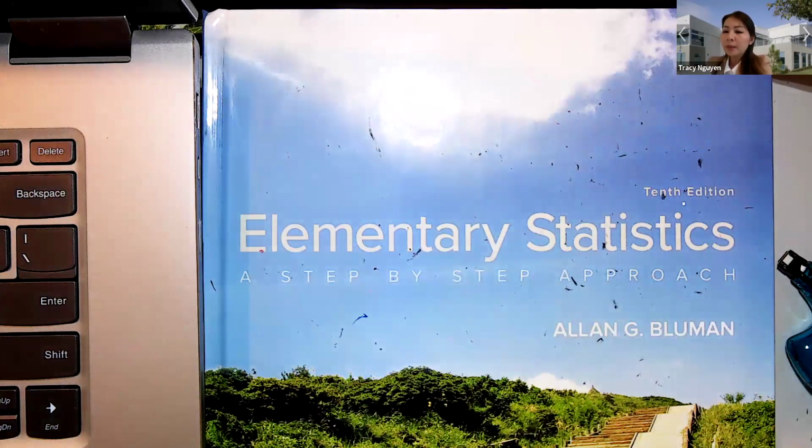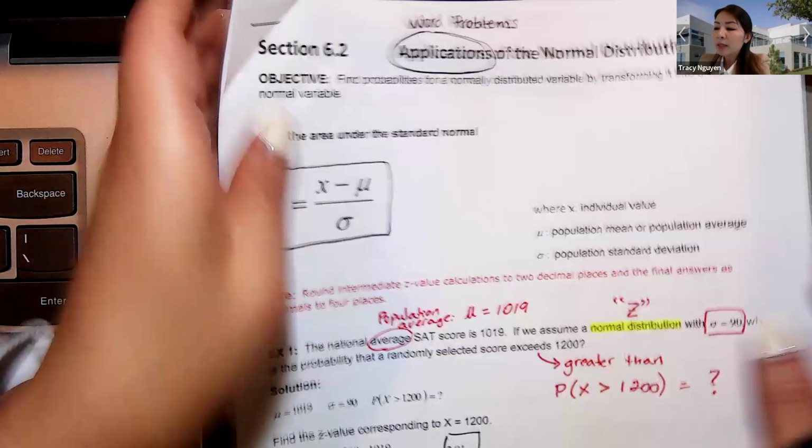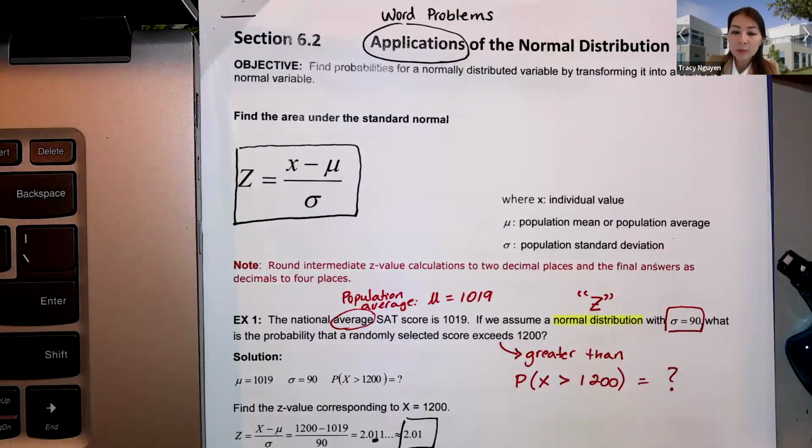It's possible that you get your assignment to be in terms of less than, greater than, or between. It's possible that the problem tells you to use the normal distribution table or a graphing calculator. So on your assignments, I will have a couple problems on using the table and a couple problems on using a graphing calculator.